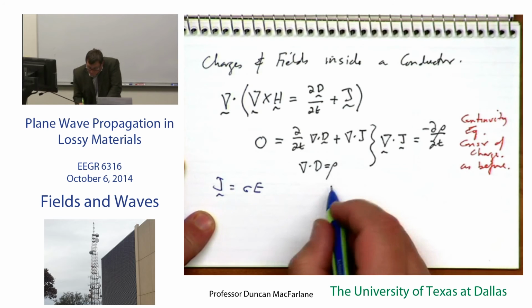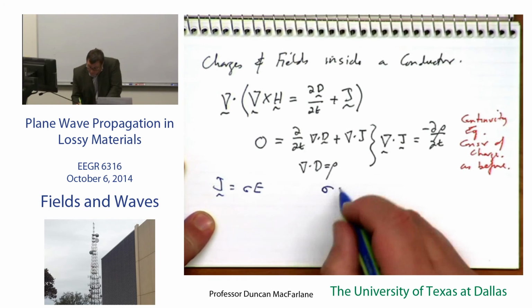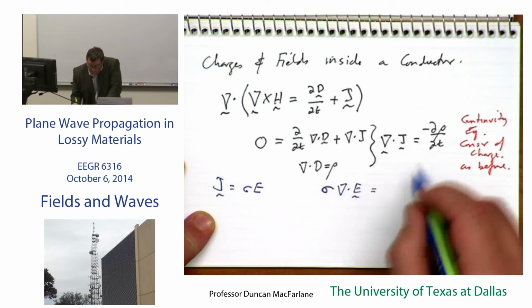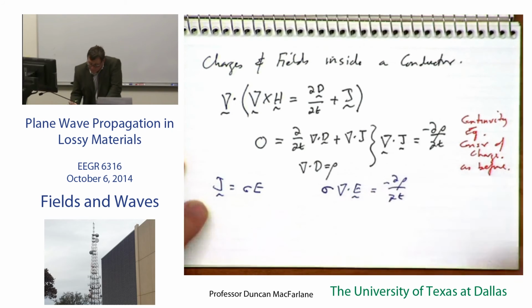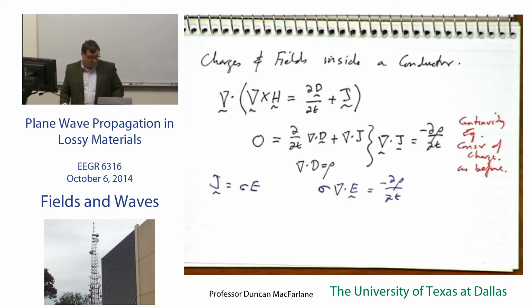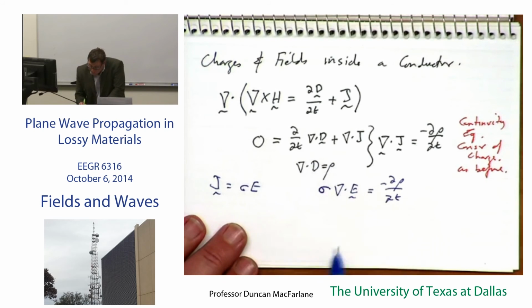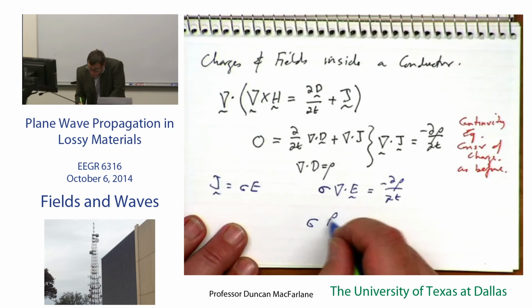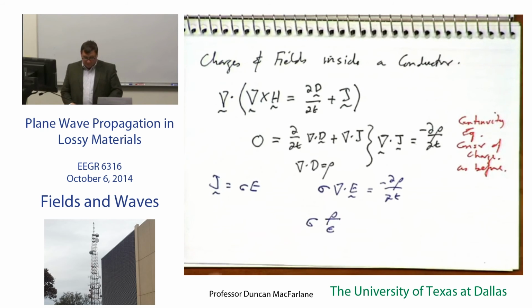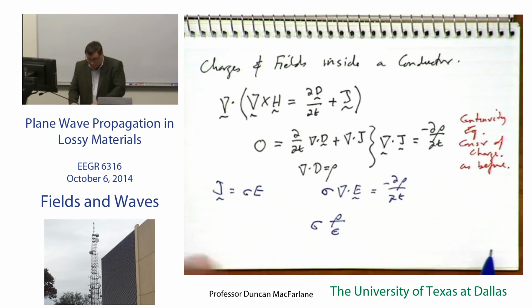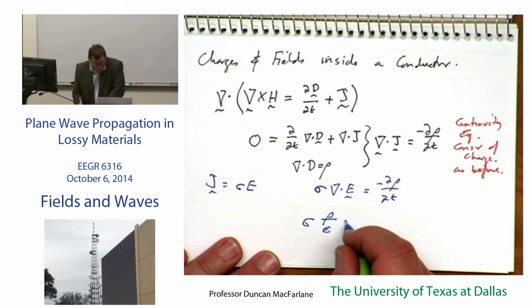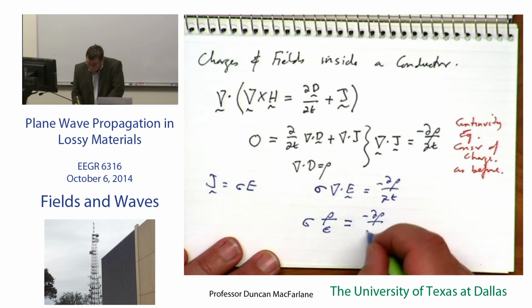So then if I substitute that in, I get sigma times del dot E is equal to minus del rho del T. But the divergence of E, as I saw before, was rho upon epsilon. Same thing as this guy here. Just almost undoing what I did before. And the right-hand side of that is minus del rho del T.